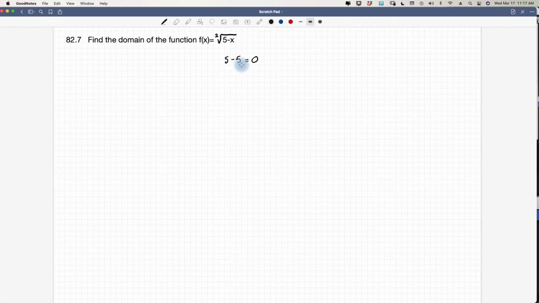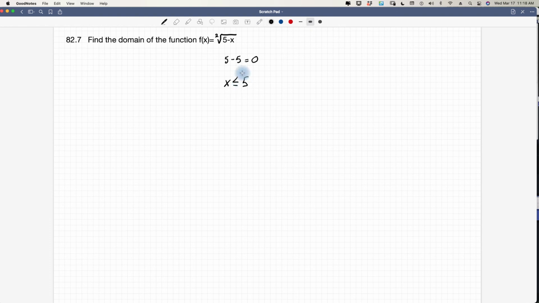If we had 5.1, we would have a negative 0.1. If we had 5.0000 anything, it would be negative 0.000 anything. So 5 is where it has to stop. So x has to be less than or equal to 5 with that logic.